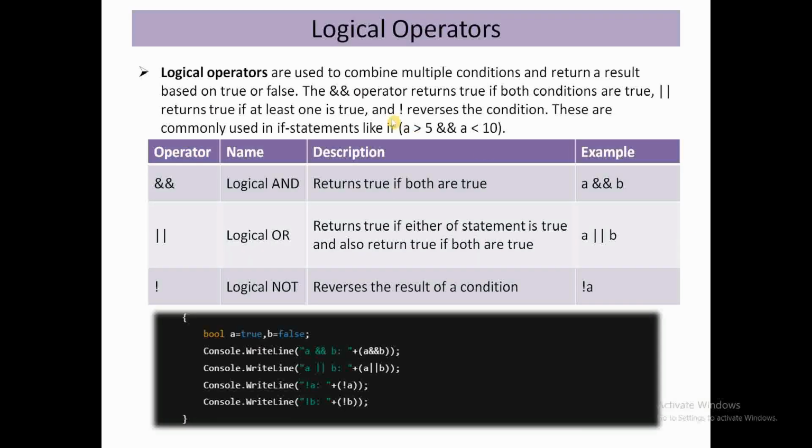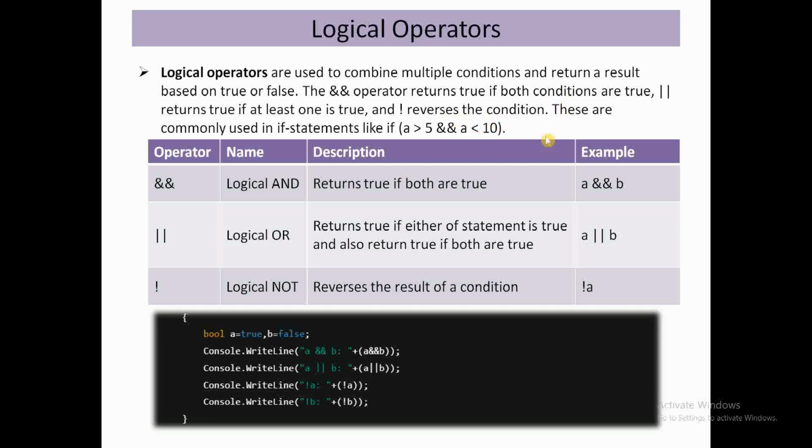Next one we have logical operators. Logical operators are used to combine multiple conditions and return a result based on true or false. The AND operator returns true if both conditions are true, OR returns true if at least one is true, and NOT reverses the condition. These are commonly used in if conditions, like if a is greater than 5 and a is less than 10.